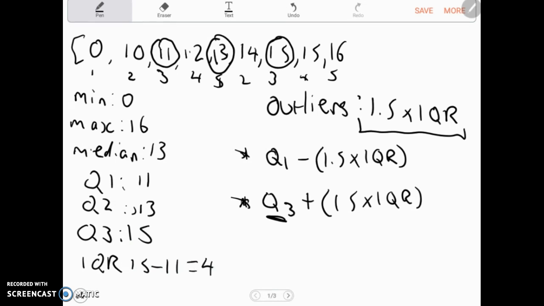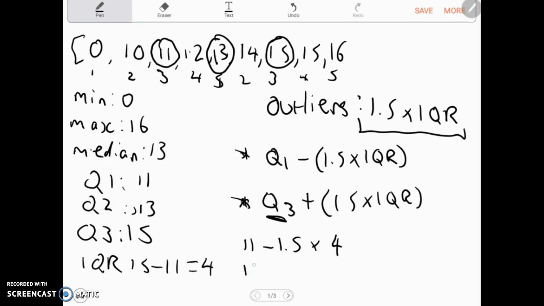Okay? So to check for outliers, we need to go Q1, which is 11, minus 1.5 times IQR, which is 4. So I'm actually just going to put 4 in there, just to save some space, times 4, not 14, 4. So 1.5 times 4 is 6.